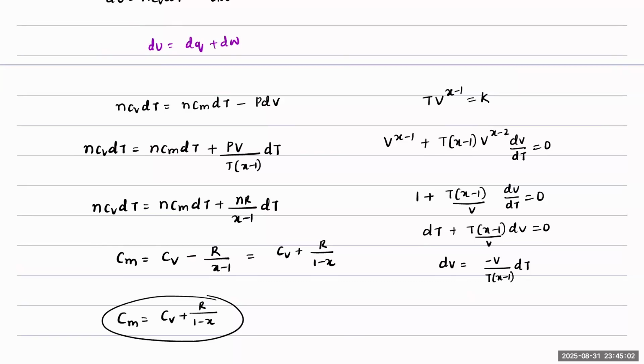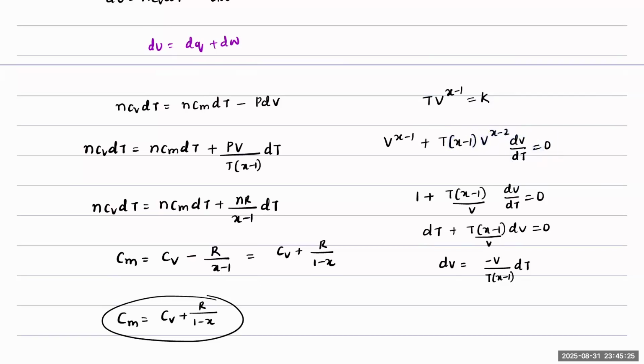If at all I differentiate this on both sides, so what do I get? This is a differential of a product of two parameters, right? That makes it V raised to power of x minus 1 into dT by dT, which will be 1, and then T into x minus 1 V raised to power of x minus 2 into dV by dT is equal to 0, right?